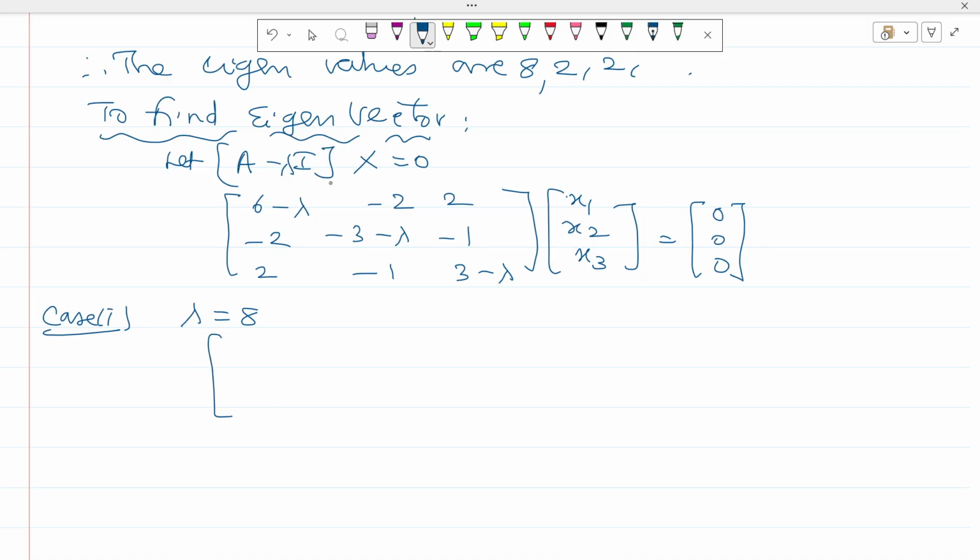When lambda equal to 8, the matrix is 6 minus 8 is minus 2, minus 2, 2.